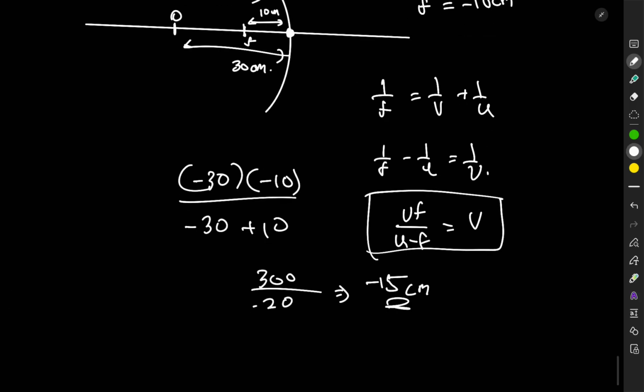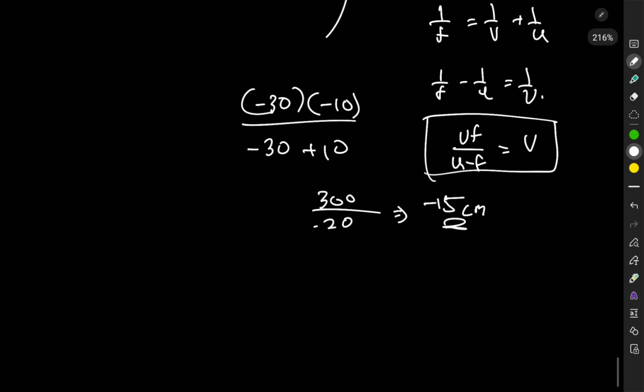Okay, just remember. Similarly you can do for that also. So u is equal to minus 15. We need to find v, and we know that f is equal to minus 10 centimeter. So what is the formula? uf by u minus f.